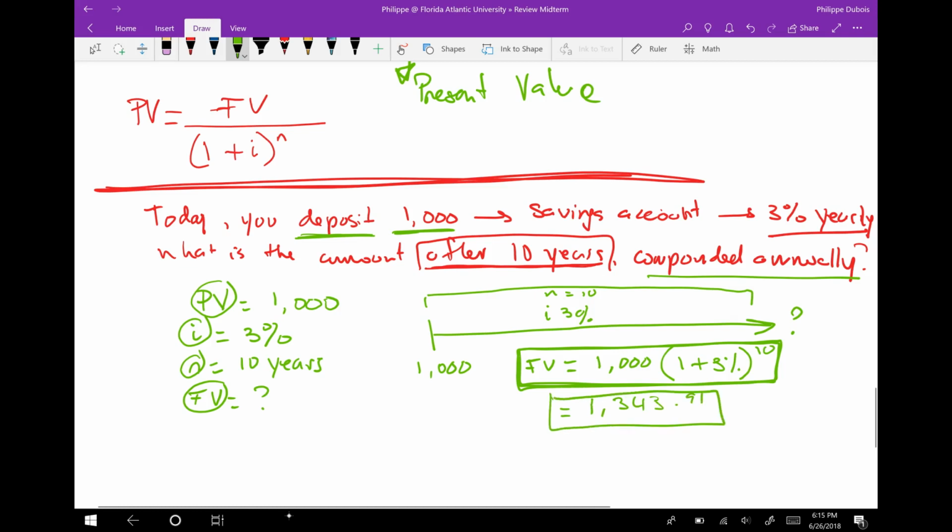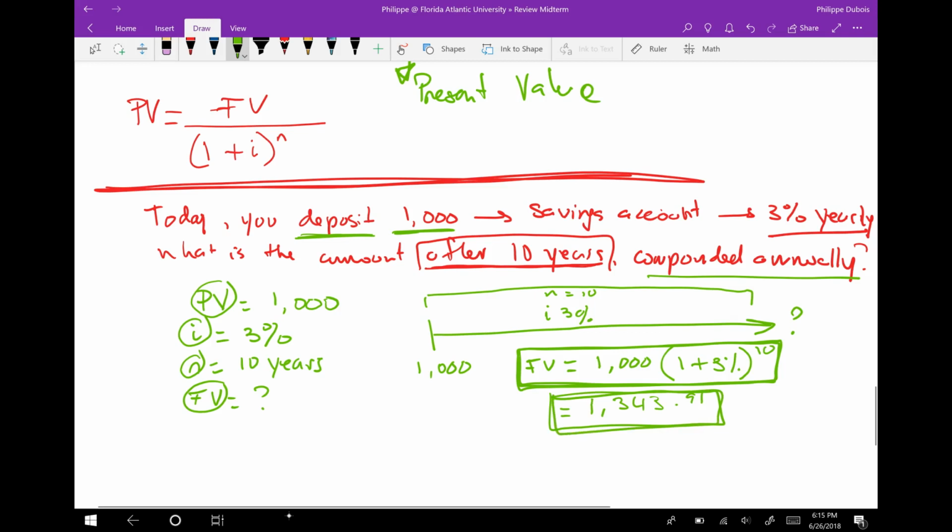And this will be the future value. If I put $1,000 today, 3% a year, after 10 years, that's the money I will receive. All right, that would be the right answer.